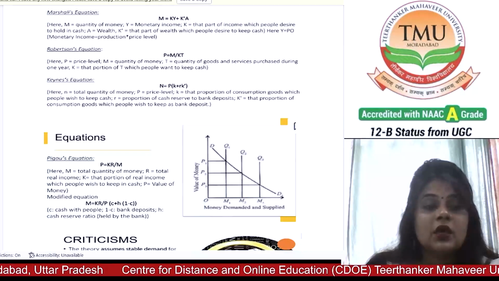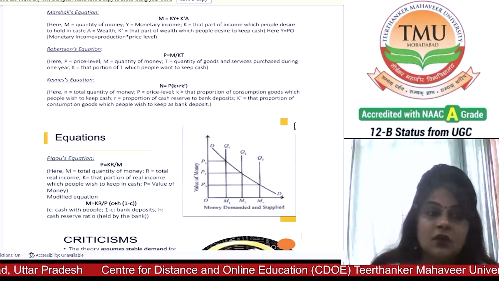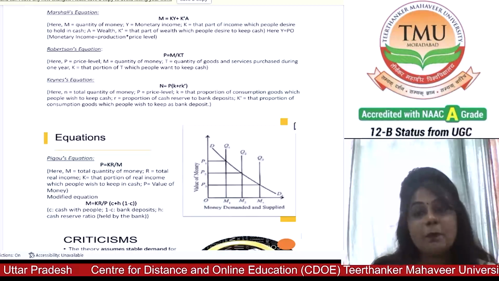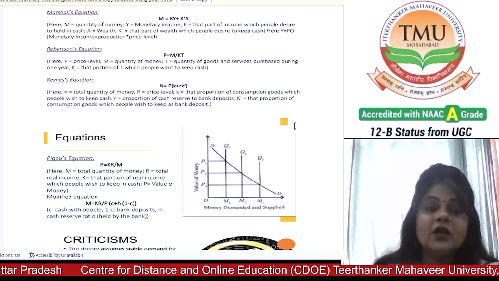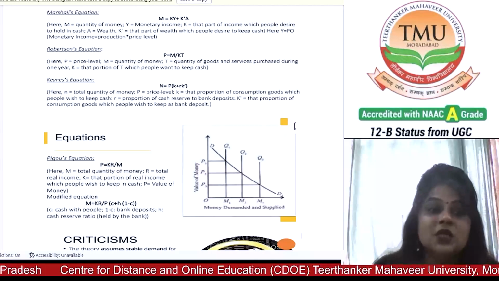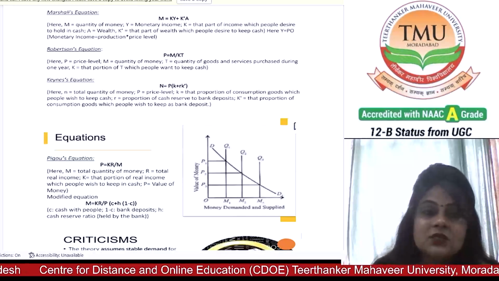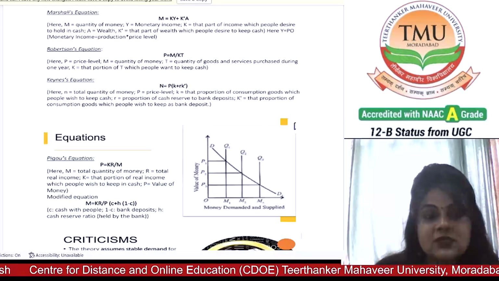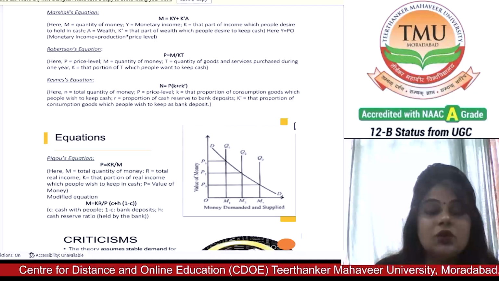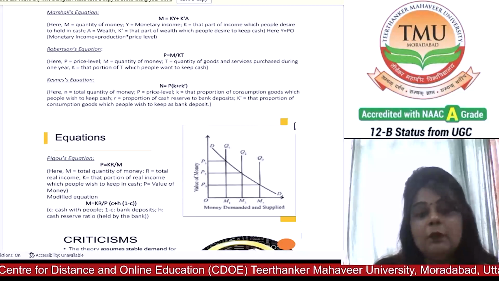So Keynes says that K is the part of money kept for purchasing consumer goods, as a ratio of cash balance out of the bank deposit with banks. K dash means the quantity of money in banks to purchase consumer goods and which people want to keep in bank.